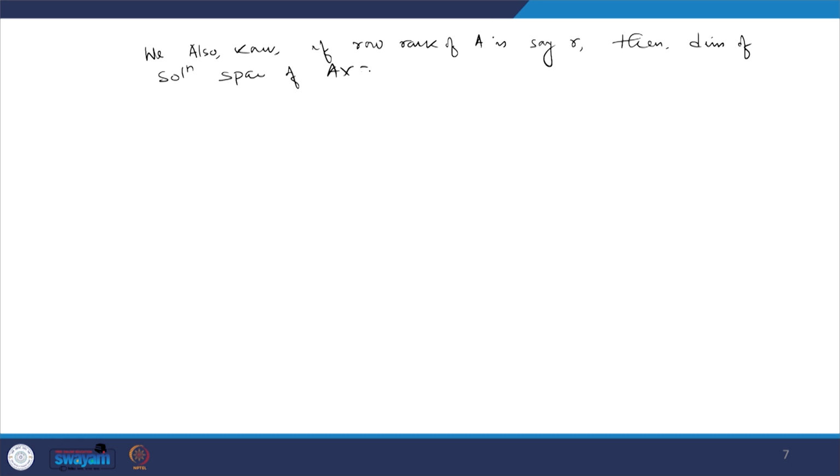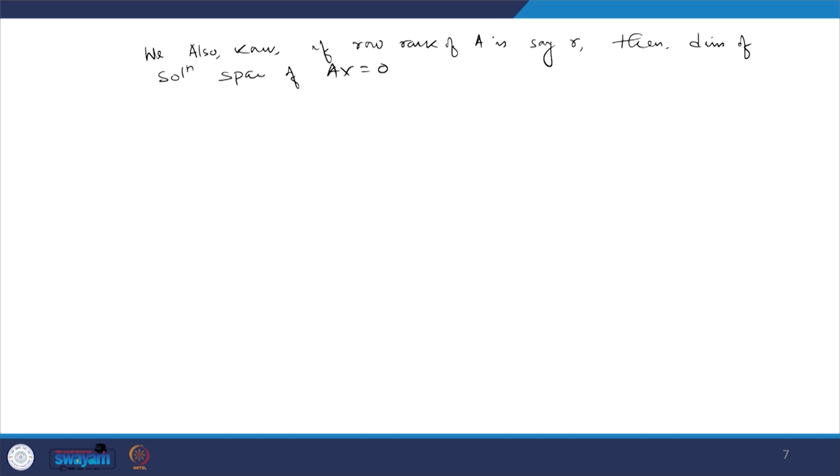Again we know, if row rank of A is say R, then the dimension of the solution space of A x equal to 0 is what? In this case the dimension of the solution space of A x equal to 0 will be the number of free variables.